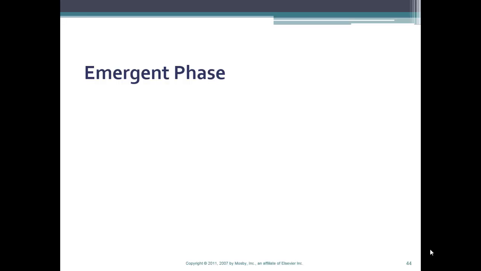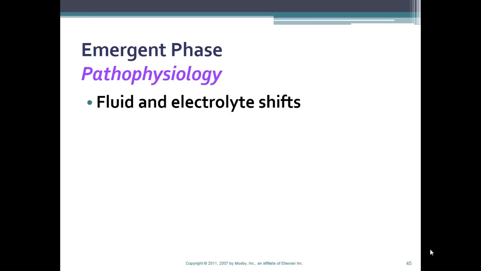That fluid is going to go to the interstitial spaces, and like I said, the patient will have a lot of edema. So, fluid and electrolyte shifts. The greatest threat is hypovolemia, and this is caused by a shift of fluids out of the blood vessels as a result of increased capillary permeability.